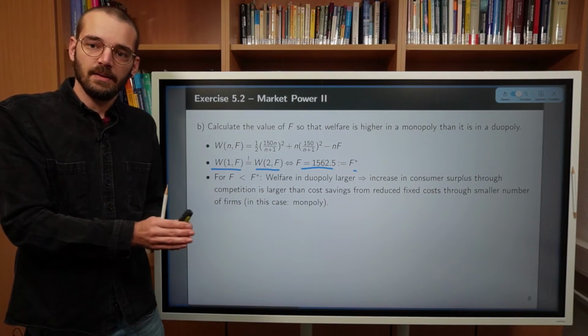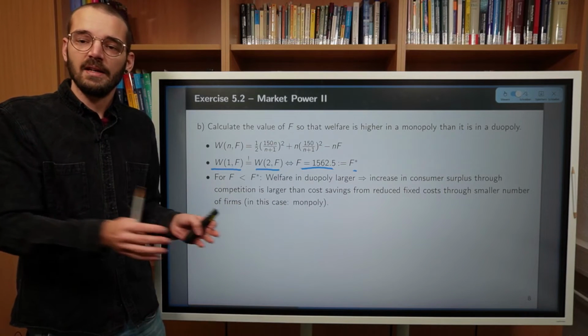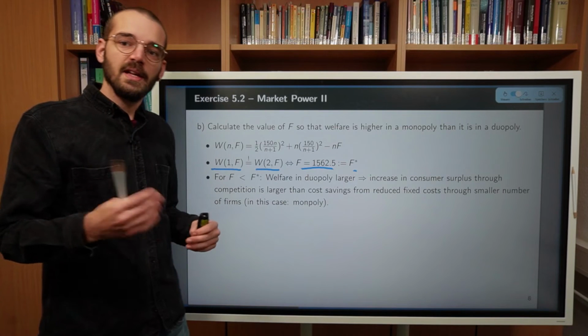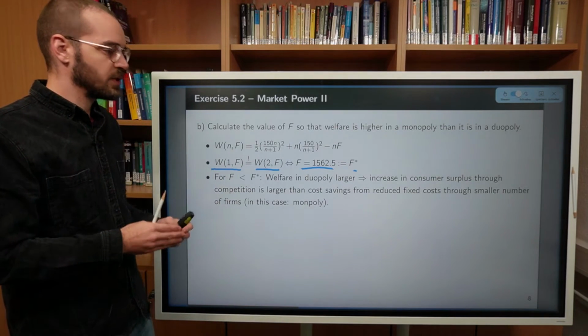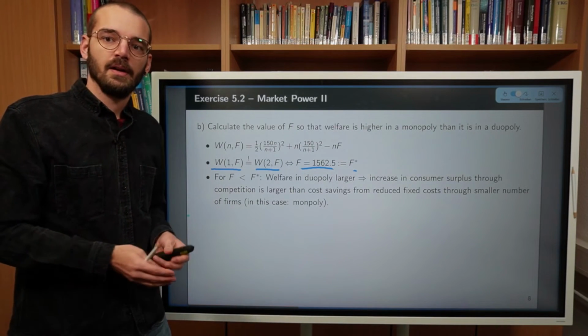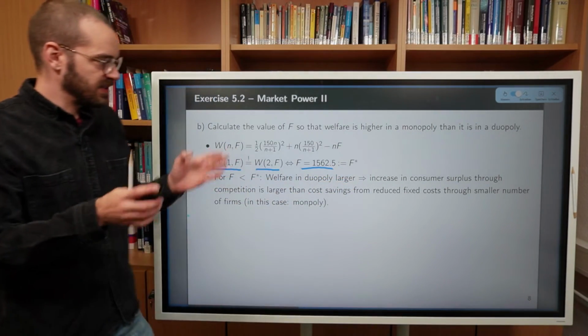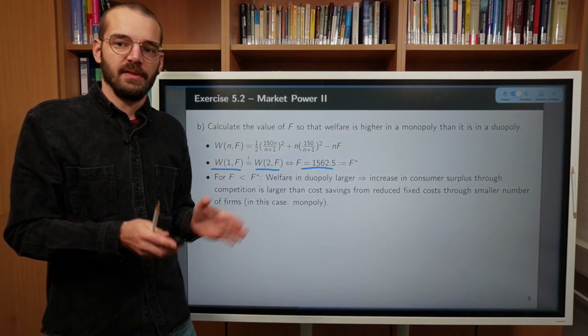So for any positive n, with increasing fixed costs, we see a decrease in welfare, all right?